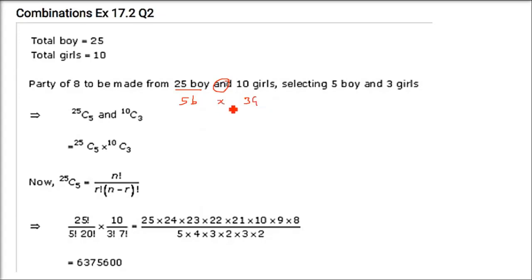You have to select individually and then multiply. So 25C5 and multiply by 10C3, because of "and". 25C5 into 10C3. Remember nCr is equal to factorial n by factorial r times factorial n minus r. So when you multiply, you will get this number.